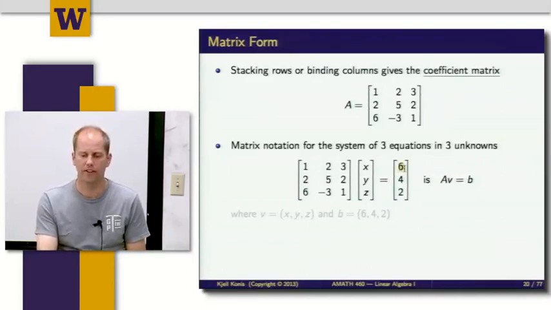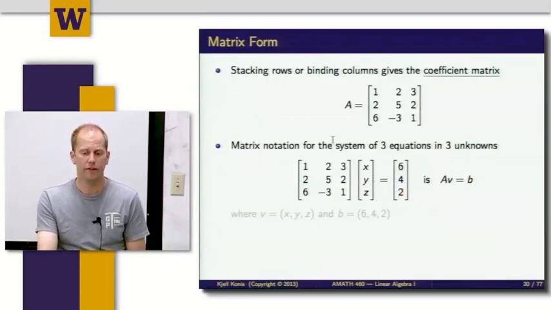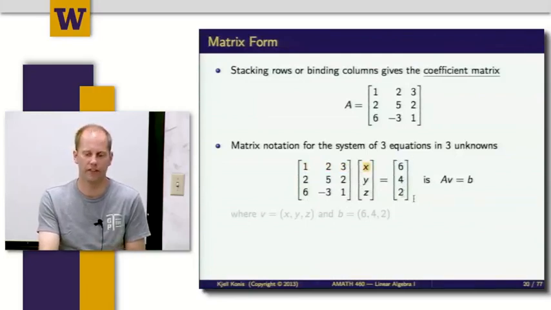So these values d go on the right-hand side here in a vector called b. And you can recover pretty easily the row picture here. I just have 1, 2, 3 dot xyz equals 6. That's going to give me the first equation, and I can repeat that for the second or the third row. Or I can say x times 1, 2, 6 plus y times 2, 5, negative 3 plus z times 3, 2, 1 equals 6, 4, 2. And that gives me the column picture of the problem.